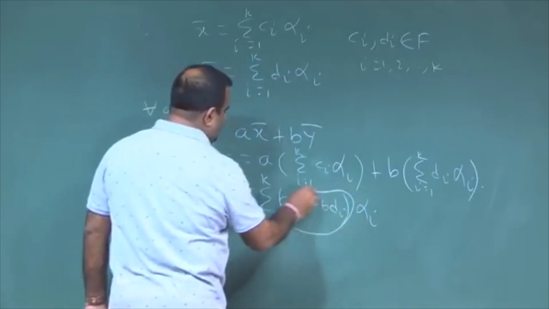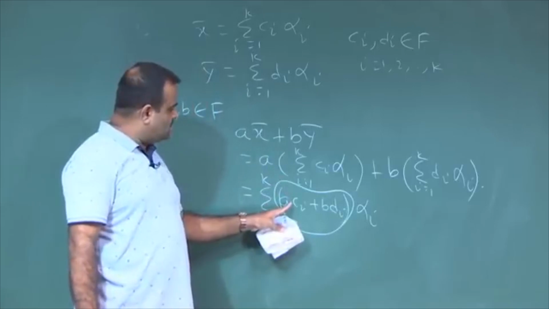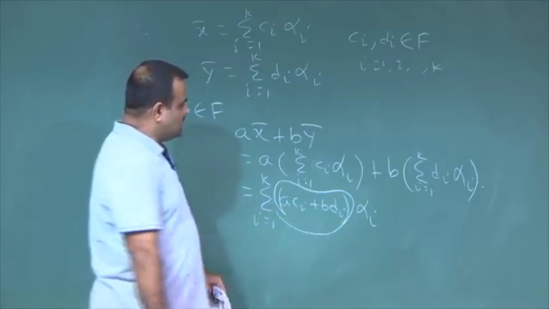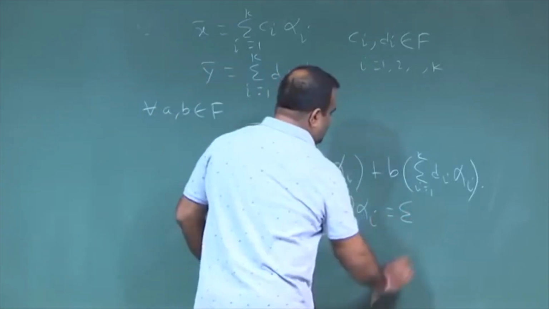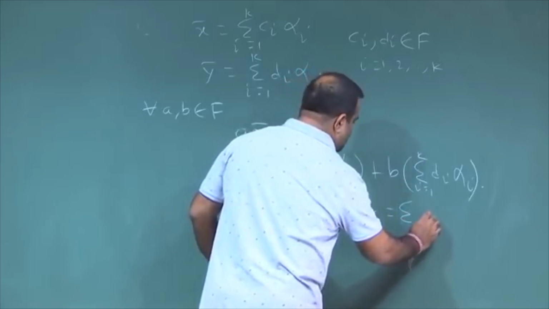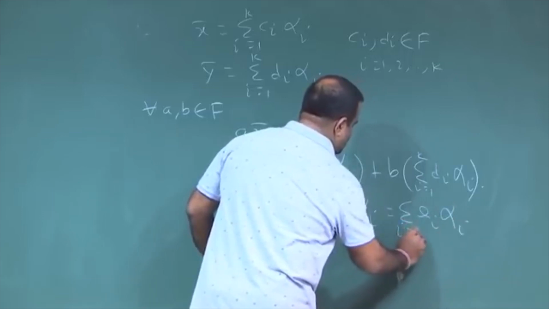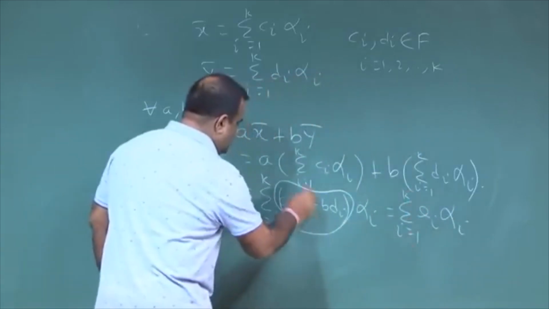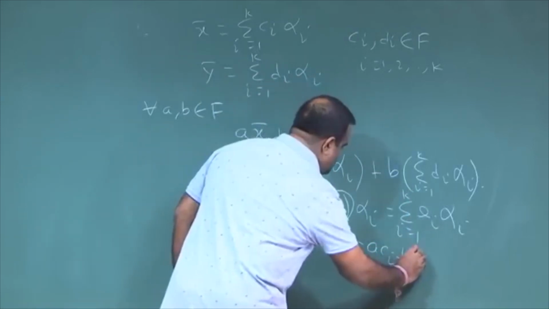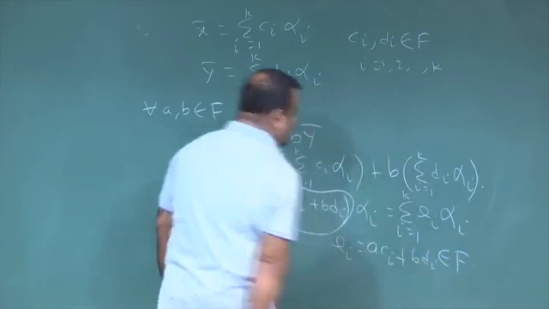Now, this is again a scalar quantity, because this is scalar multiplication, this is scalar multiplication, and this is scalar addition. So, this is again some summation of E I alpha I, I equal to 1 to k, where E I is nothing but this expression a C I plus b d I. So, this is also a scalar quantity.